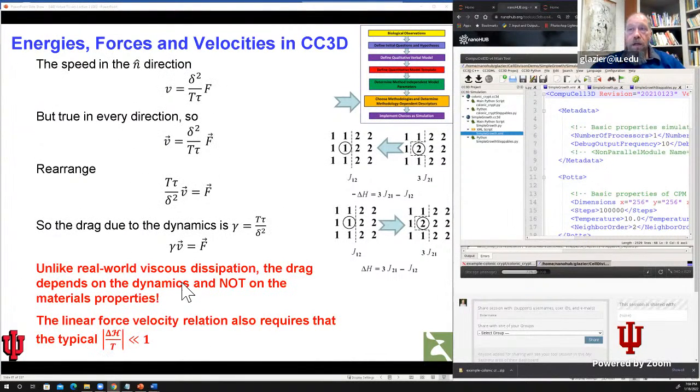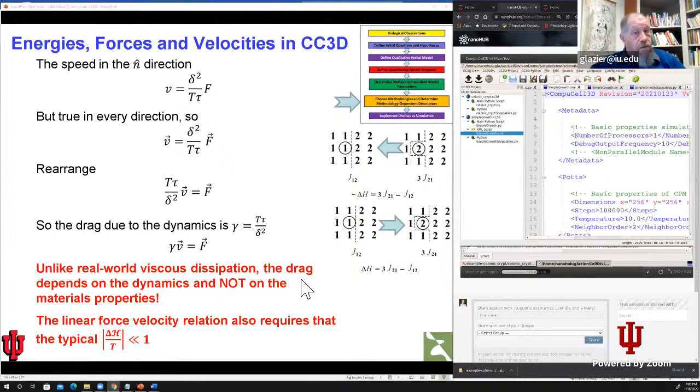And so ultimately, I'm given the result that gamma times the velocity is equal to the force. Gamma now is the reciprocal of what I just said, temperature, time scale divided by length scale squared. So velocities are linear in the force. And that corresponds to the reality that applies in the subcellular world.